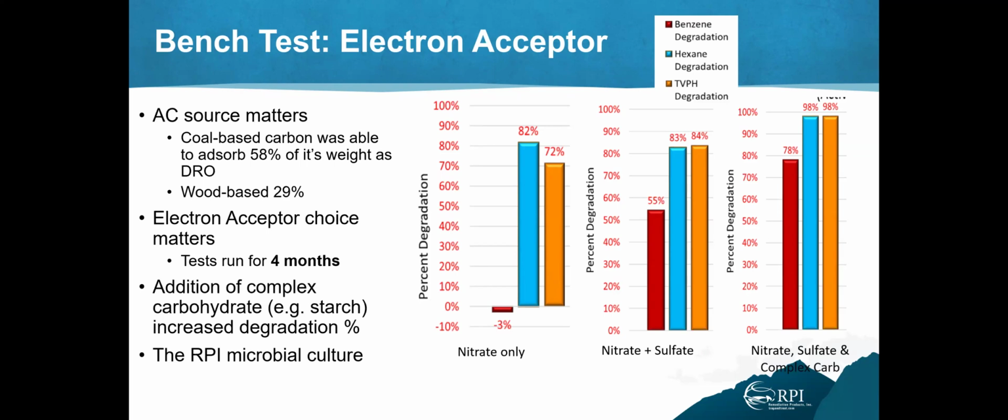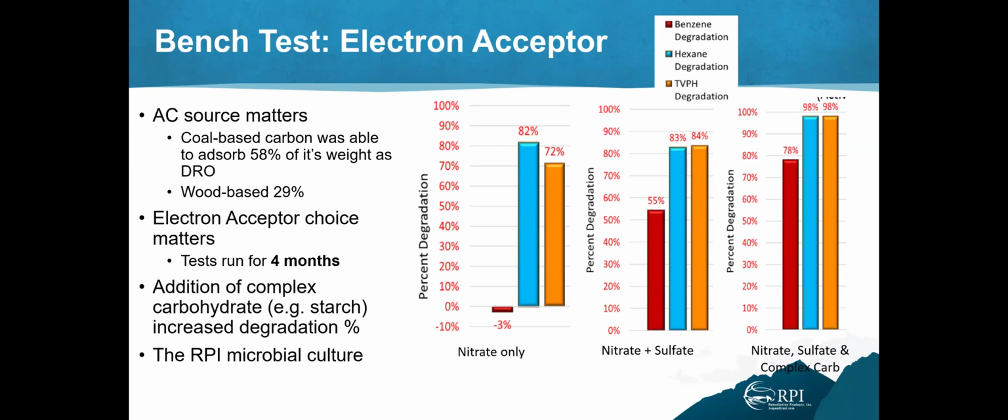The next graph over, as you move to your right, is mixing nitrate and sulfate. So you've got the dual electron acceptors over this 4-month test. In this case, you see 55% of the benzene is degraded. You stay about the same with the hexane. You do a little bit better with total volatile petroleum hydrocarbons.